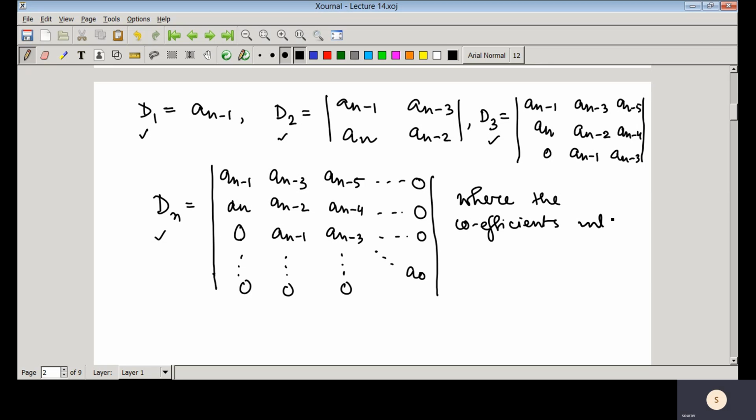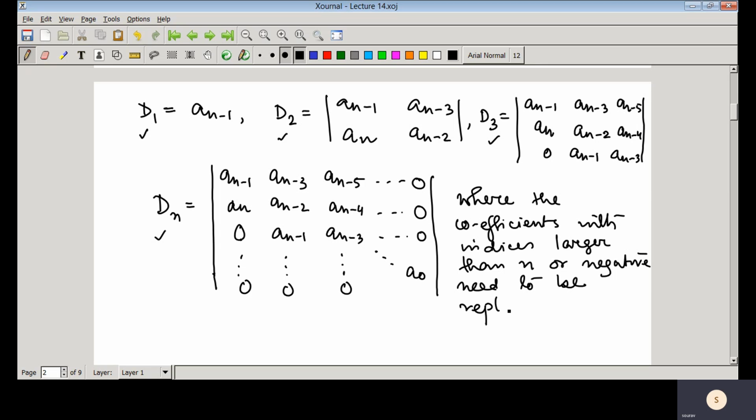Whenever we are forming the Hurwitz determinant, the coefficients with indices larger than n or negative need to be replaced by 0.